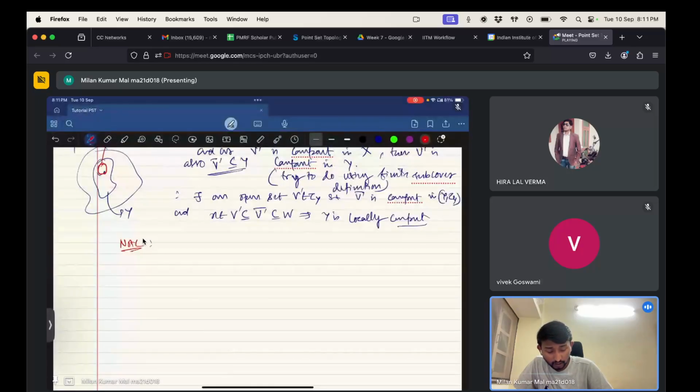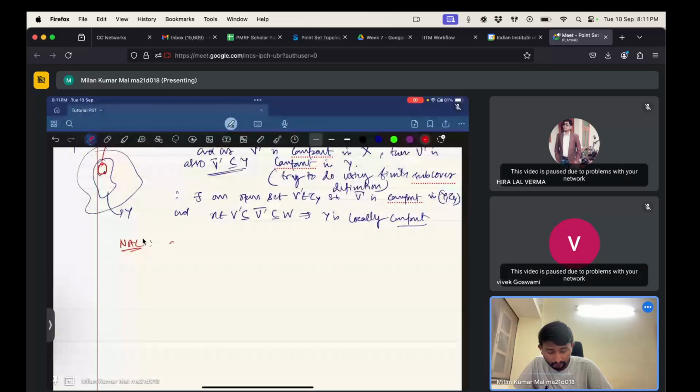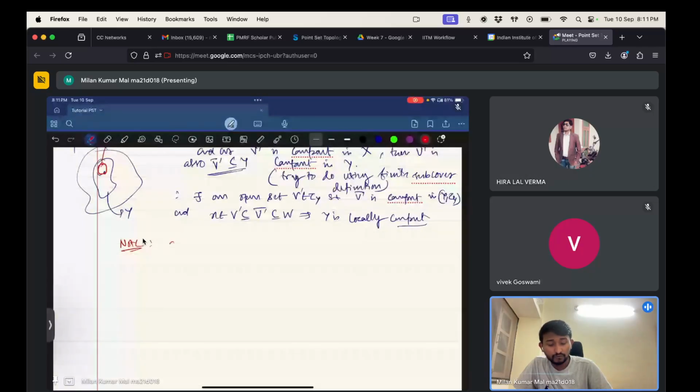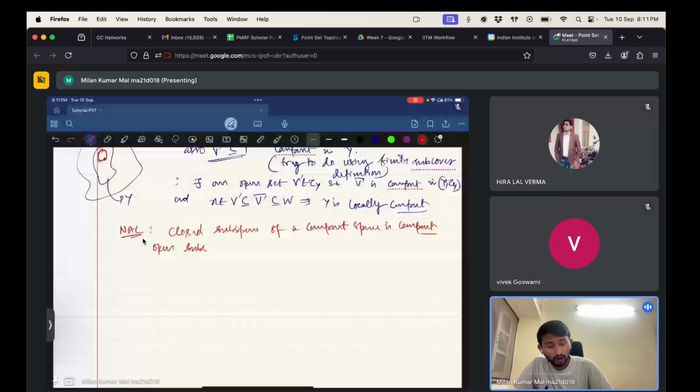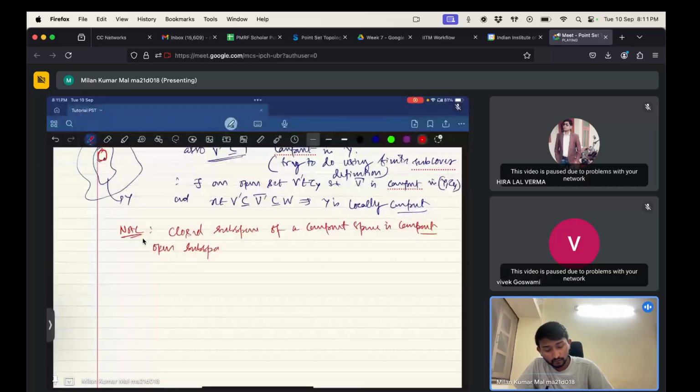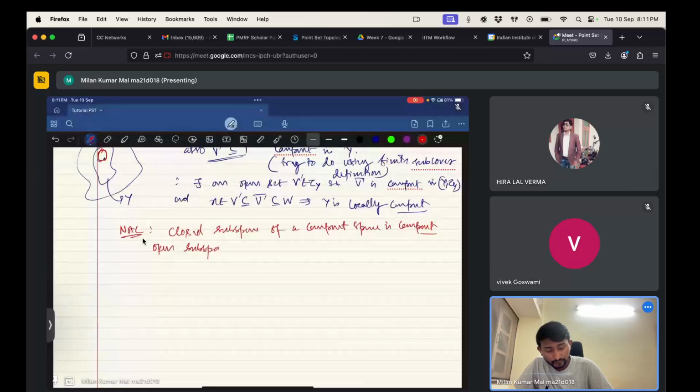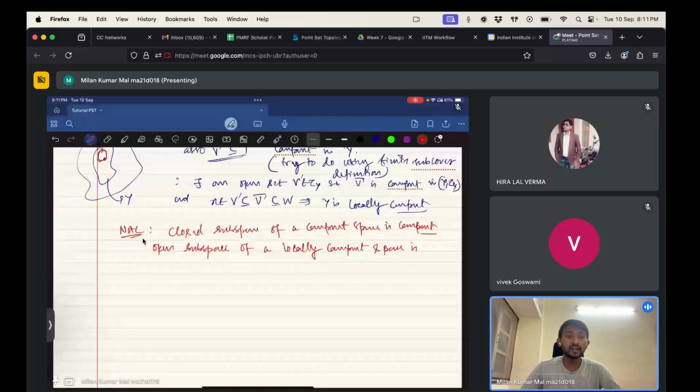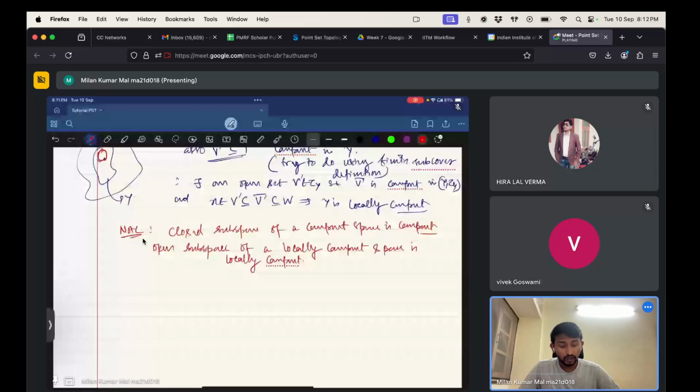An open subspace of a locally compact space is locally compact. At first view, compactness and local compactness look like similar things, right? But there is a huge difference. A closed subspace of a compact topological space is compact, but an open subspace of a locally compact topological space is locally compact. Okay, I hope this is clear.